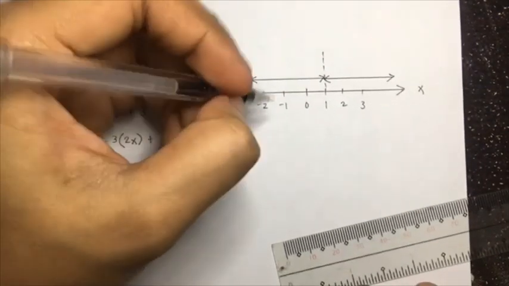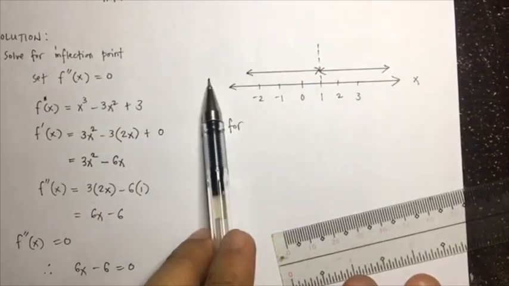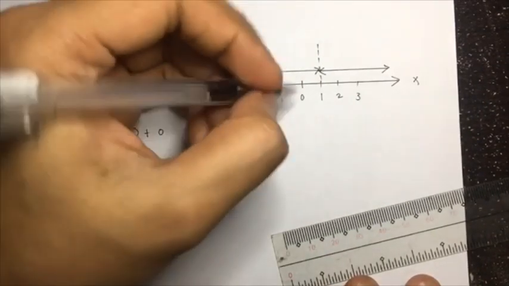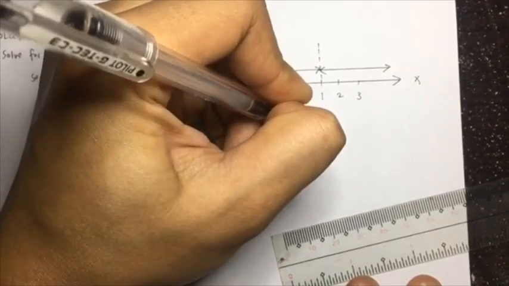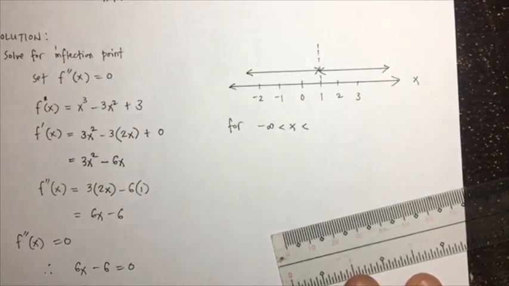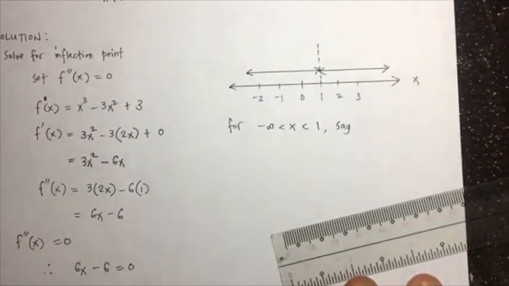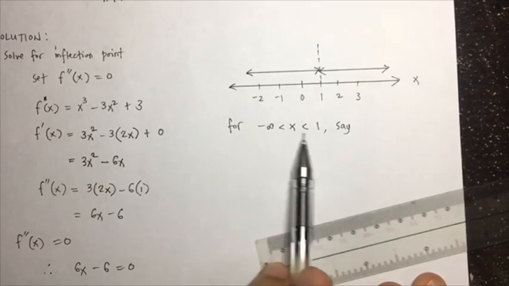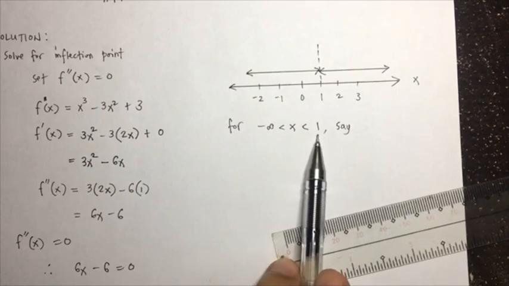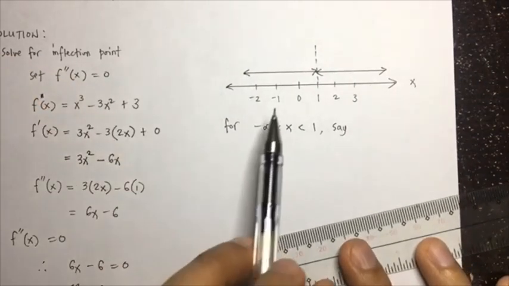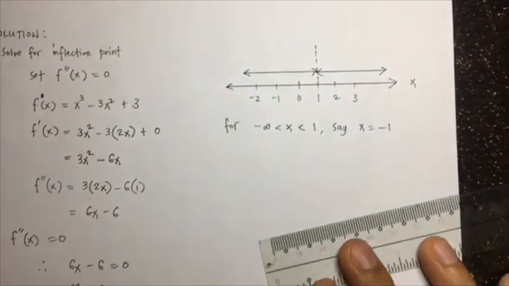For the first interval, from negative infinity to positive 1, that is negative infinity is less than x is less than 1. Say we choose any number between negative infinity and 1, let's say negative 1, so x is equal to negative 1.